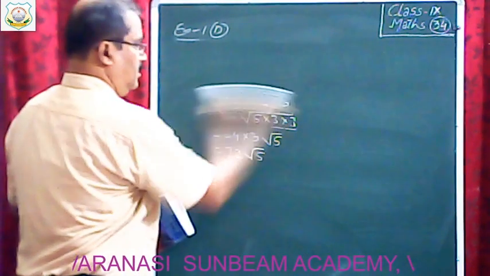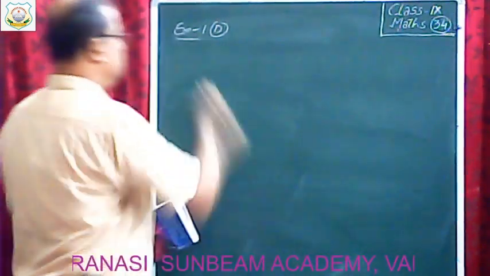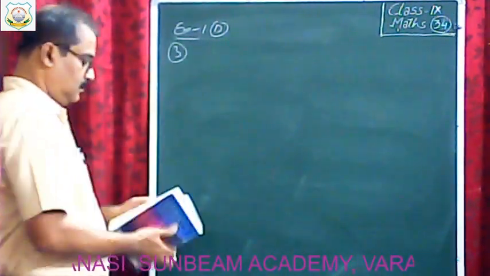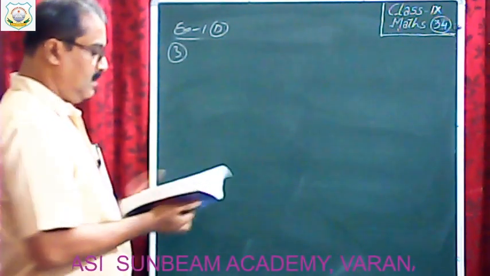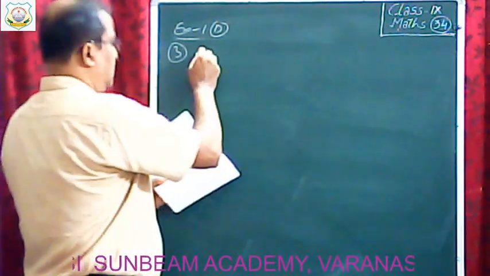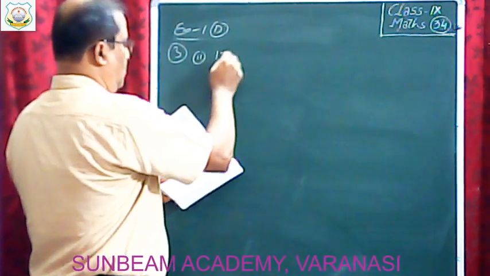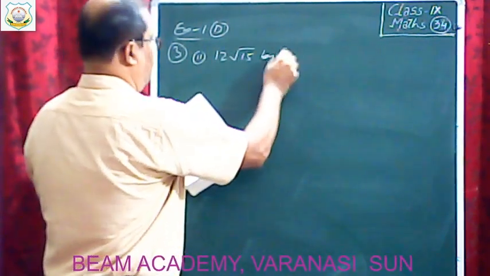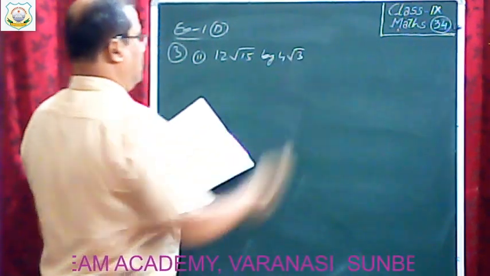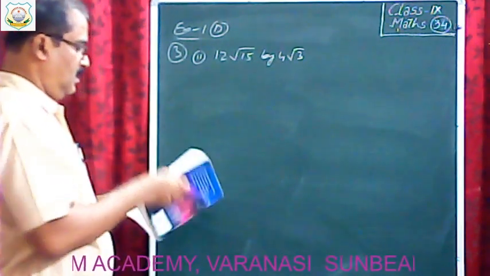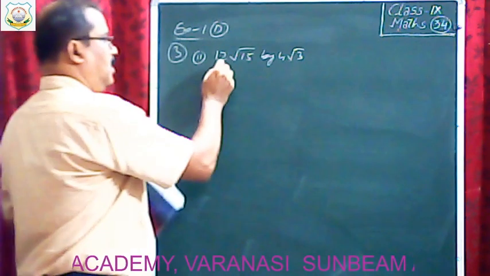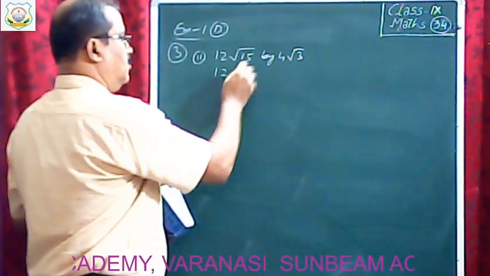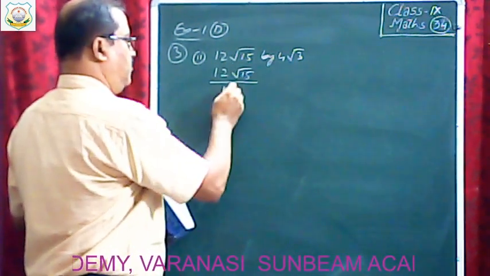Question number 3. Divide. Taking second one. 12 square root 15 by 4 square root 3. Okay. So 12 square root 15 by 4 square root 3.